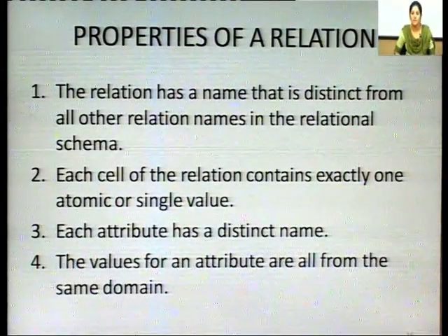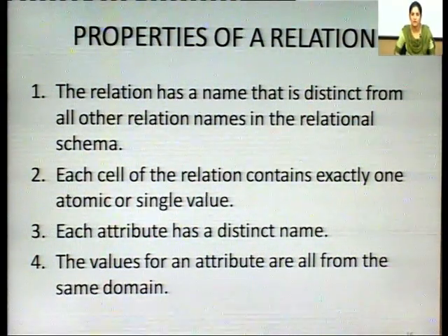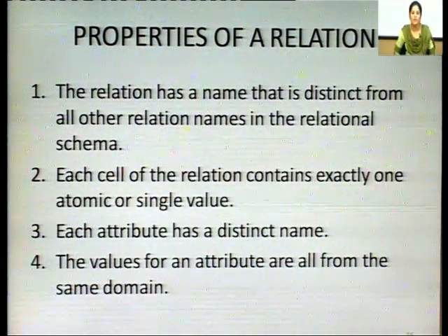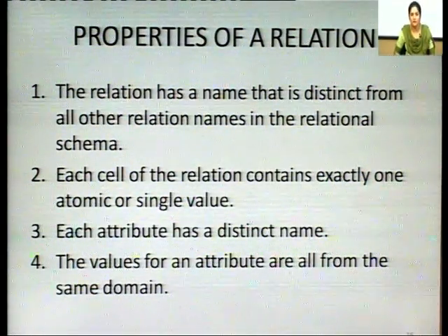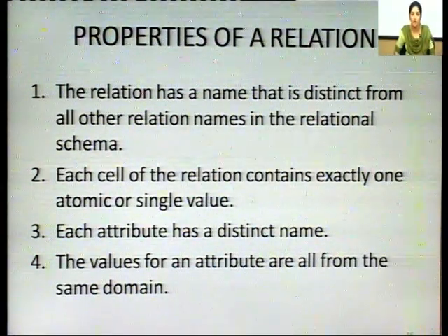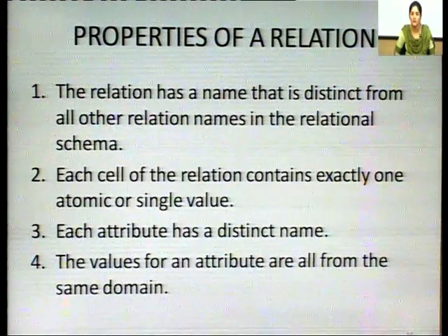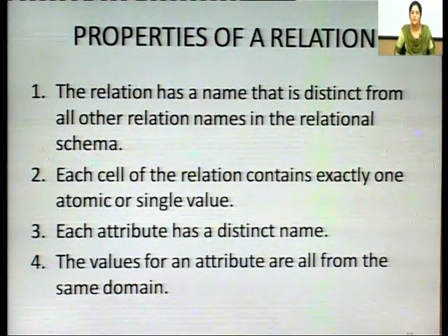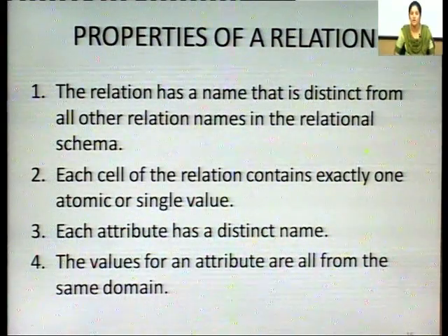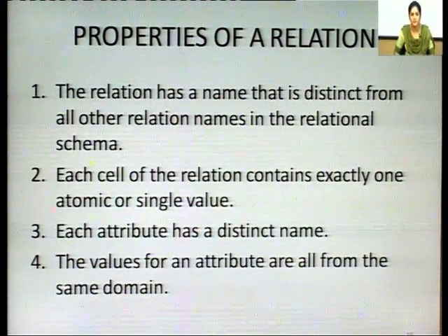The relation name is distinct from all other relation names in the relational schema. Whenever you design a new table in your database, you need to make sure it has a different name from all other relation names, so that the values stored in that relation do not conflict with any other table.